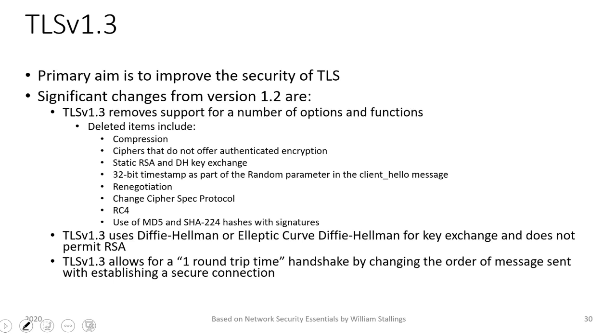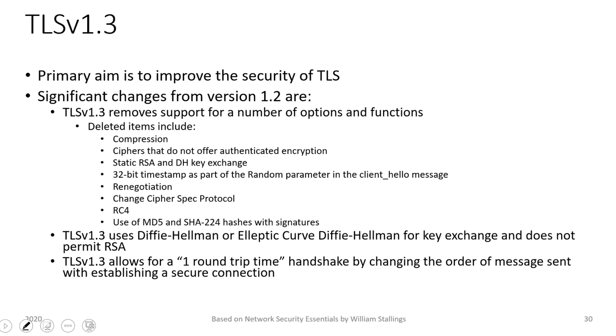The latest version of TLS that is commonly being used is what is called TLS version 1.3, and the main purpose of this is improving security. It has significant changes from version 1.2.